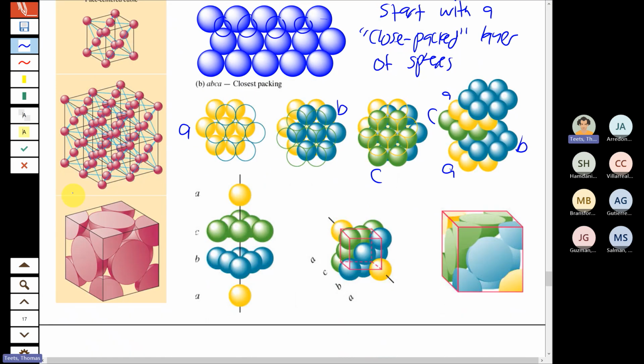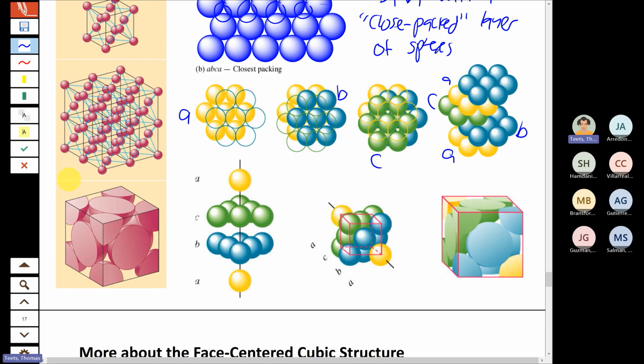There are all these different ways of drawing it, and some of them may or may not be helpful, but what we call this is ABC, or sometimes ABCA packing. That means we have three stacks of layers before we start repeating the pattern over and over again. So it's ABC packing.